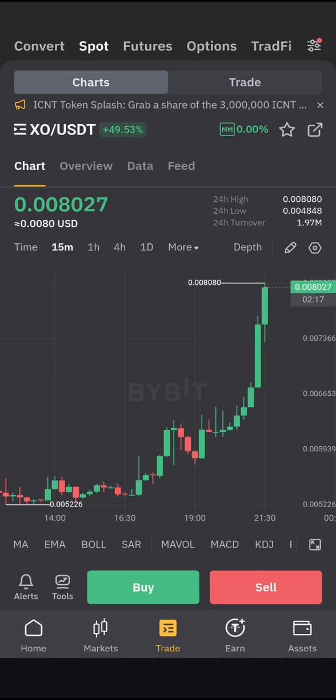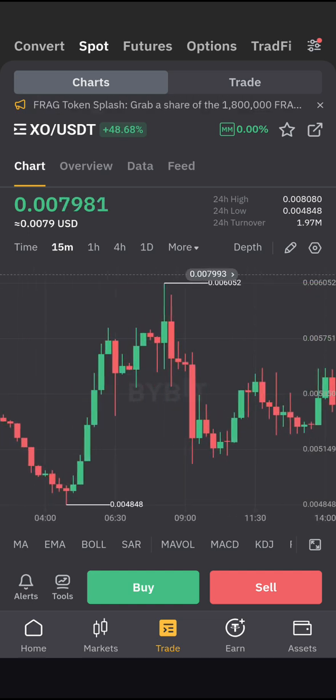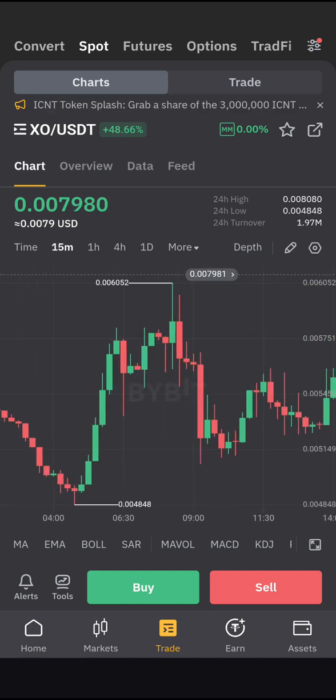I know a lot of people are cashing out from this, which is a very reasonable trade, and it's going to be a very reasonable profit because it took off from here.